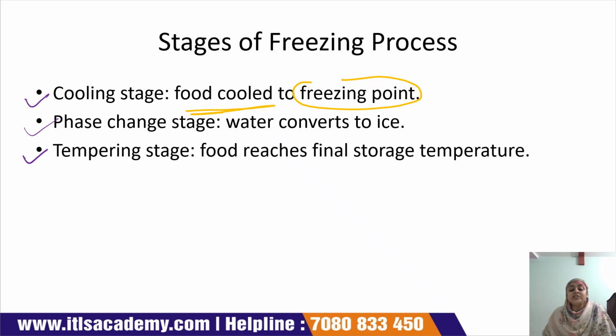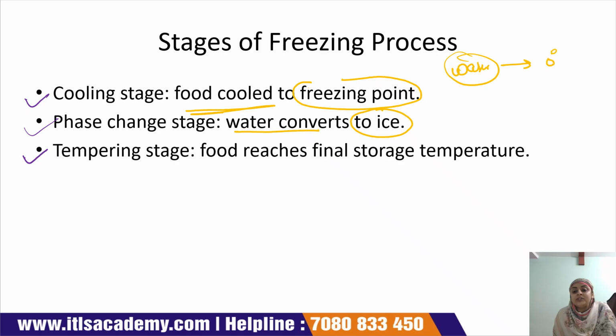But when the phase change stage occurs, the water present in the food product changes into ice. Okay, take the example of water. When you keep that water at low temperature, around 0 degrees Celsius, this is the freezing point for water. Now when it reaches that point, it becomes cool.